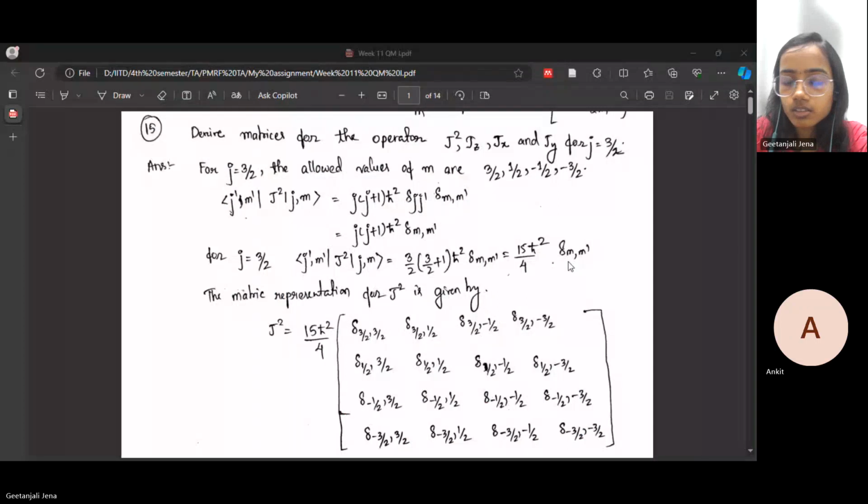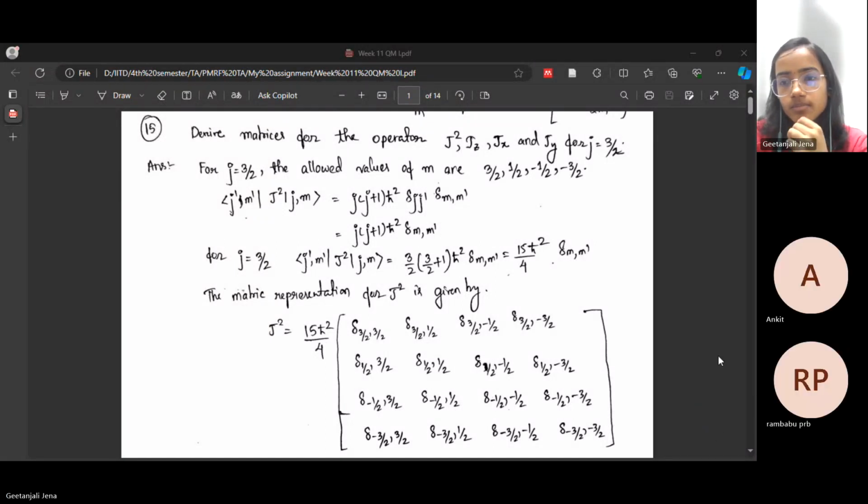My tab is not working, so let me share my screen. I think you all can see my screen.